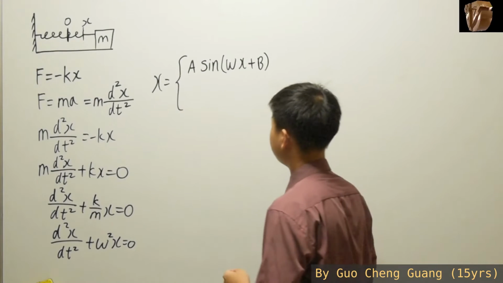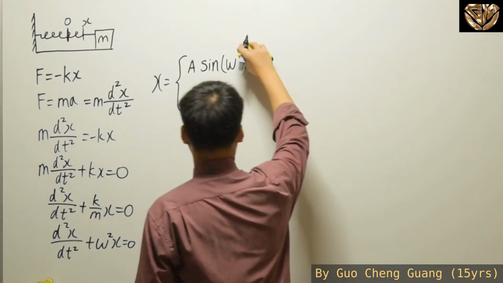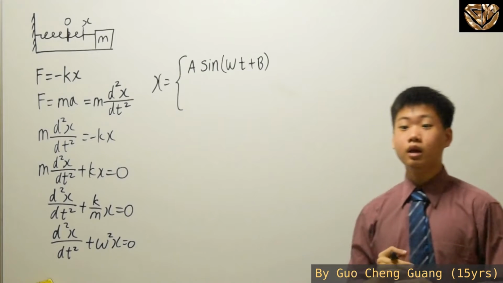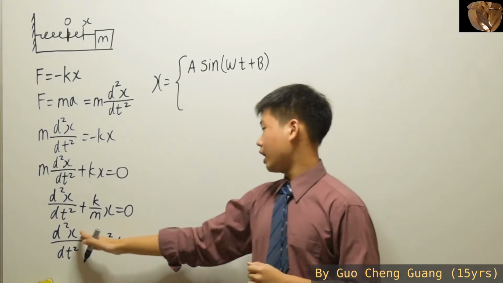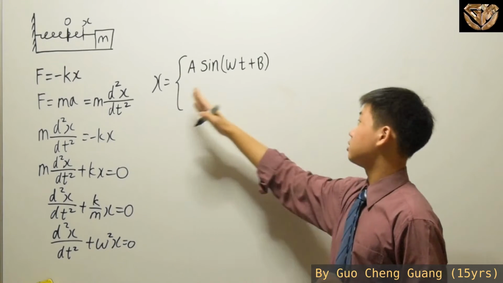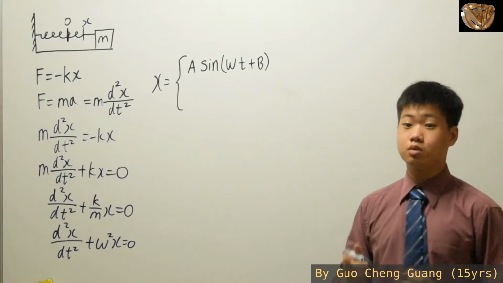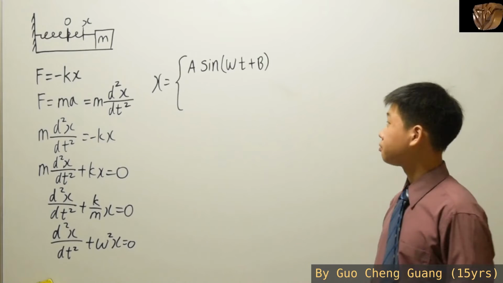So wait, whoops, sorry, x is not in terms of x, it is in terms of t. Oops, sorry about that. Alright, so you have to be aware x is a function of t. Right, so this is one of the possible answers that you can get.